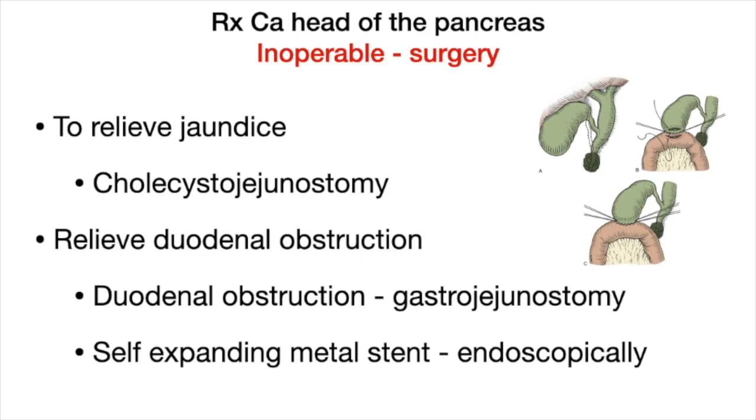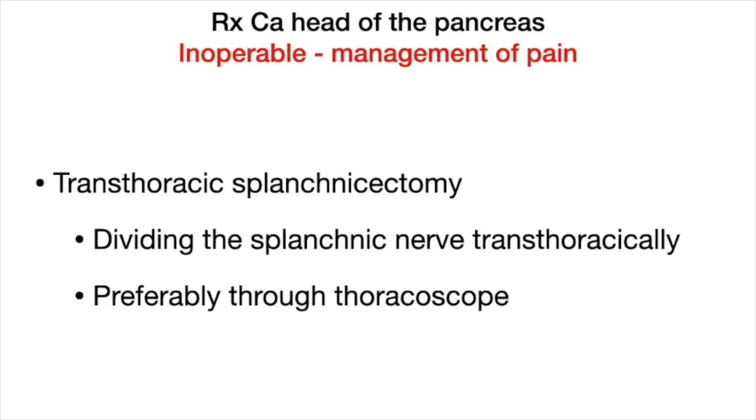In inoperable cases, we have to go for palliative surgeries, for example to relieve jaundice: cholecystojejunostomy, that is gallbladder anastomosis with the jejunum, and to relieve duodenal obstruction by gastrojejunostomy, or by endoscopic insertion of a self-expanding metallic stent. The pain is managed by transthoracic splanchnicectomy, that is dividing the splanchnic nerve transthoracically with the help of a thoracoscope.